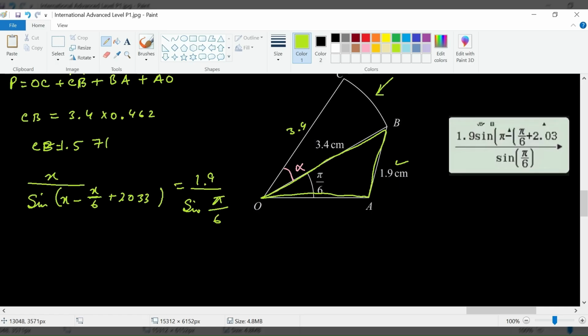So with this calculation, I'm finding the sine inverse.